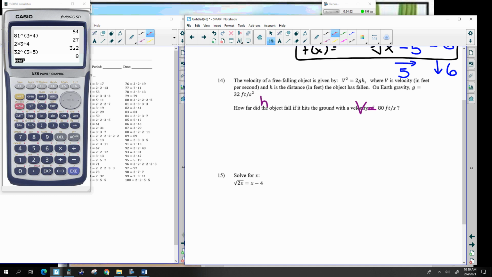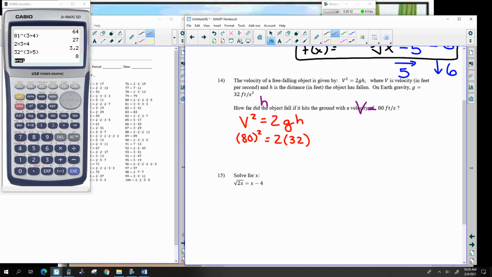All right, so if the original equation is v squared is equal to 2gh, let's do some substitutions. The velocity, they said, is 80 feet per second. So velocity of 80. Gravity, they just straight up say it's 32.